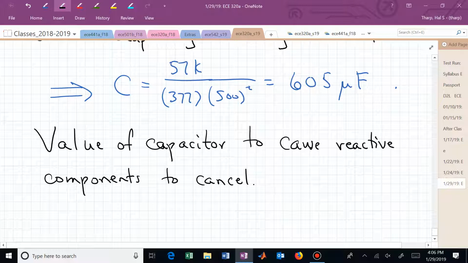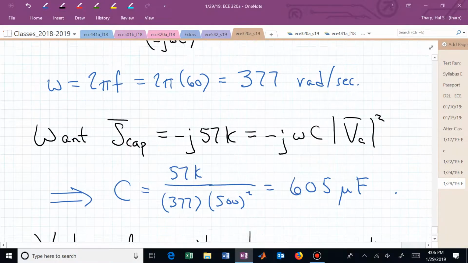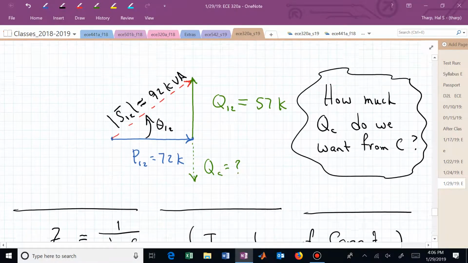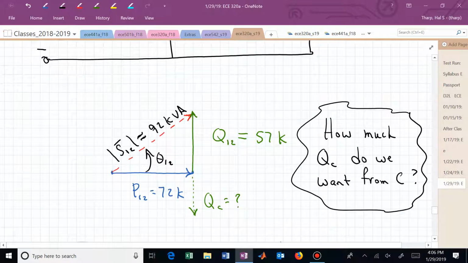And it may be that in a problem, I may not even have you go so far as to find C. I might just have you find a Q value to reduce. Maybe somebody says, well, I don't want to go all the way to 0. Maybe I just want a Q sub c of 40k. But that's still going to draw that down. Do you see? Or I might say, I want to pick the capacitor to give me a final power factor of so much.